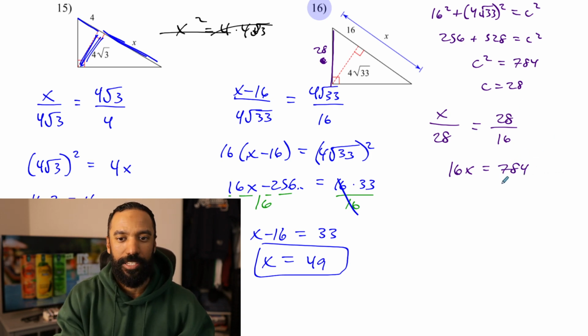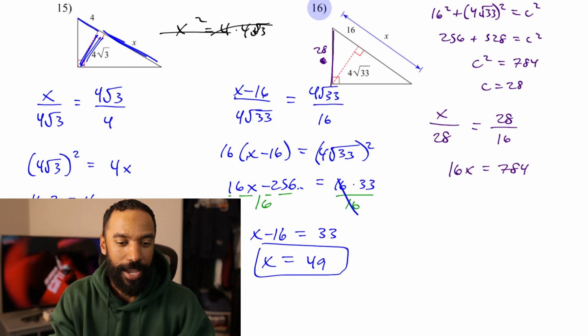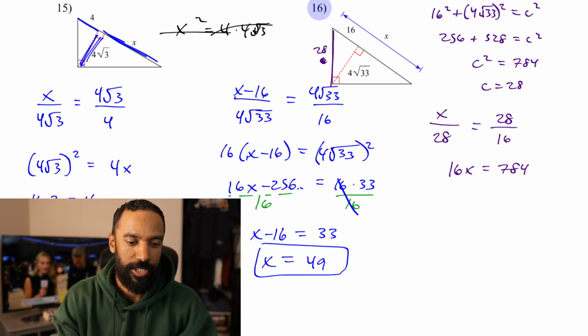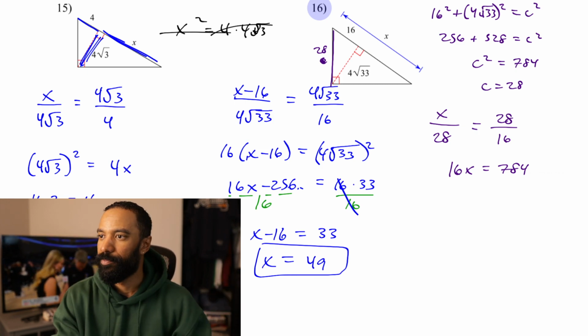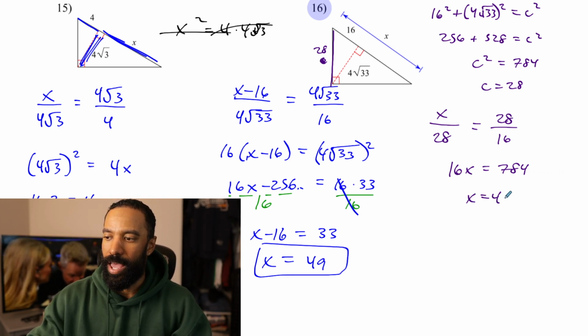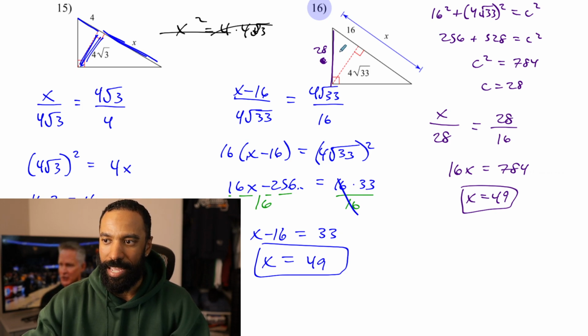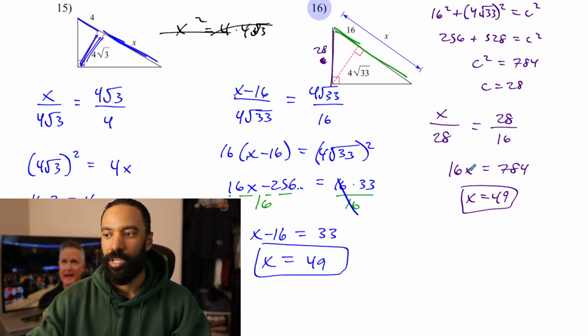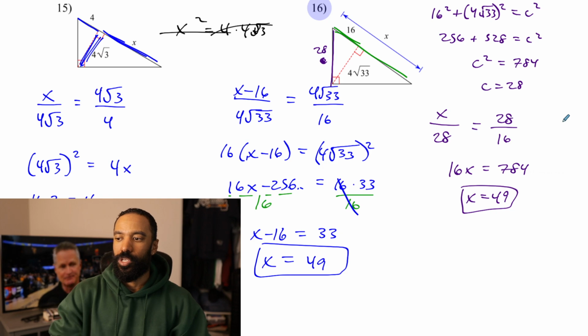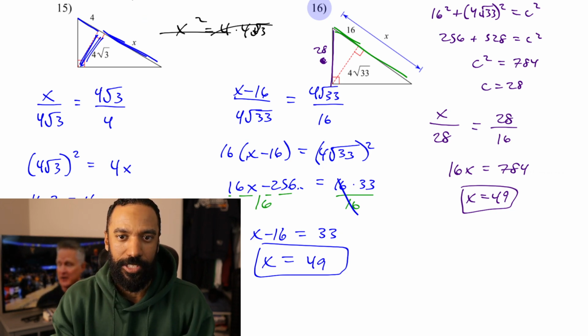Let's see what happens when you divide 784 by 16. Do we get 49? Yes, 49. So x equals 49, which is literally what we just had: 28 squared equals 16 times x. So that does give us our answer, and that's it.